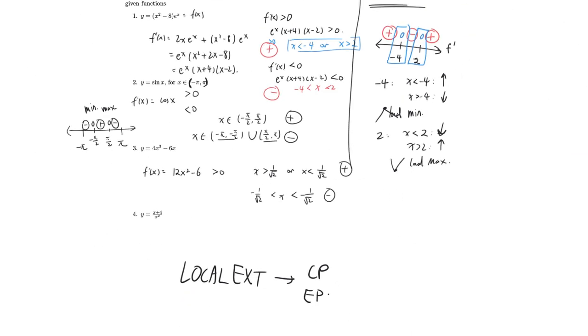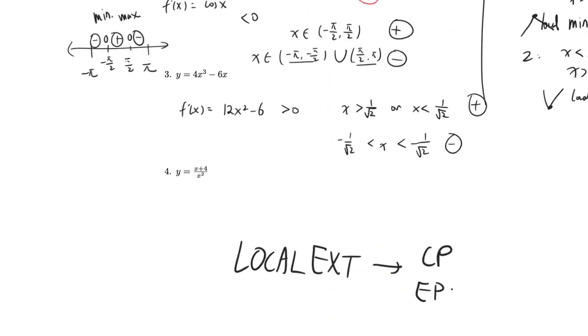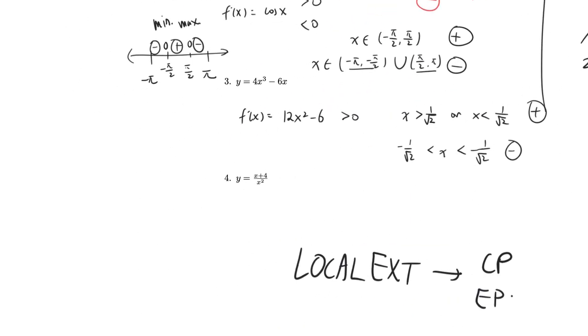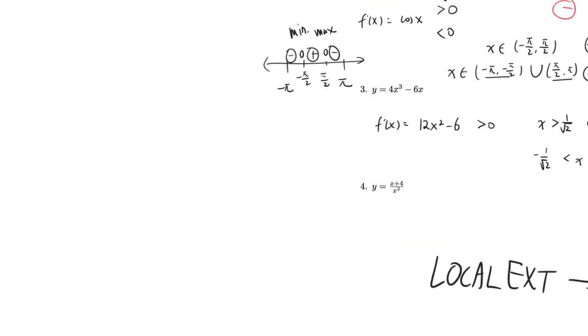A standard way to do this is, let me write down all the steps. Step 1, identify the critical points. Let me illustrate that here.